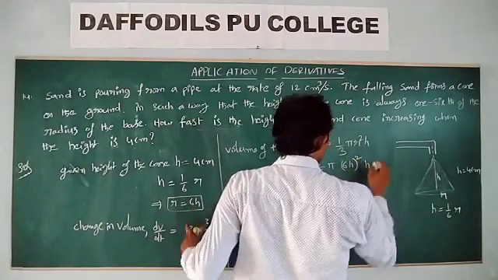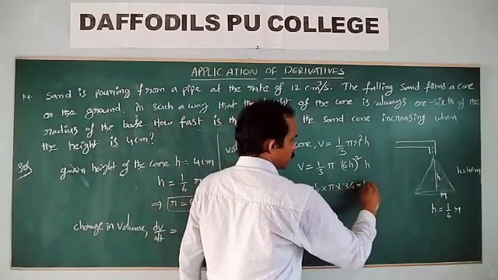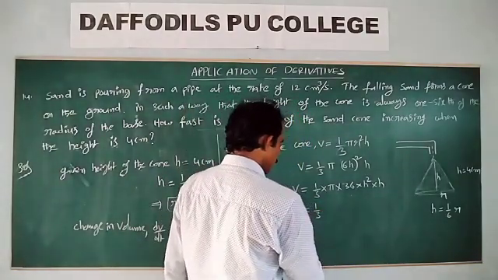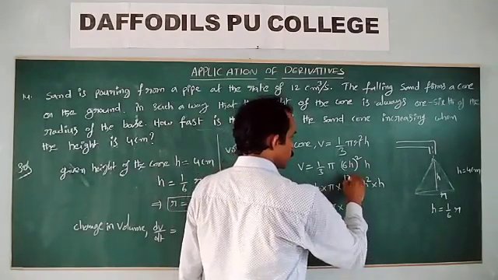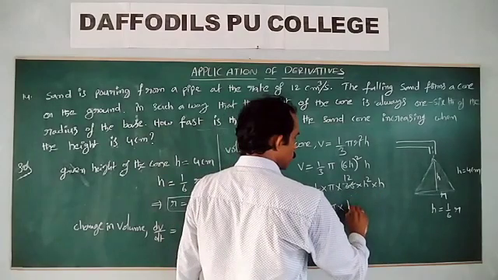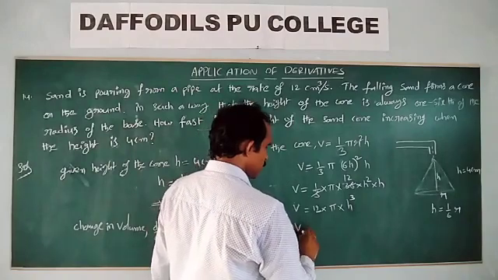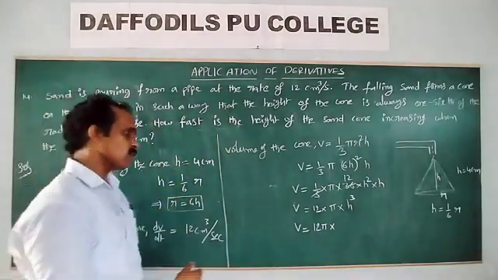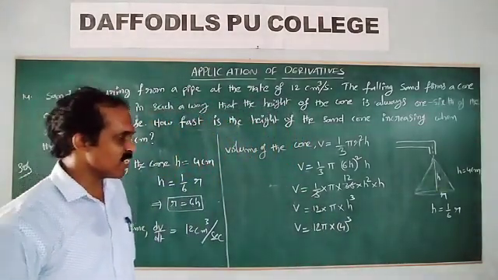V is equal to 1/3 into pi into 6h square into h, which is 1/3 into pi into 36 h square into h. 1/3 of 36 is 12, so V is equal to 12 pi h cube.